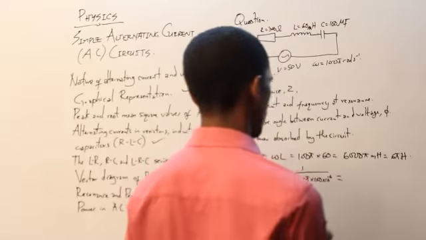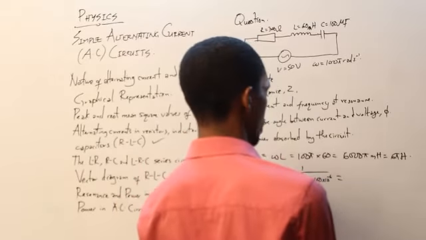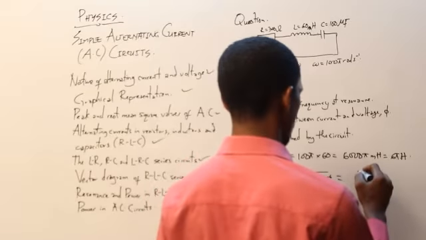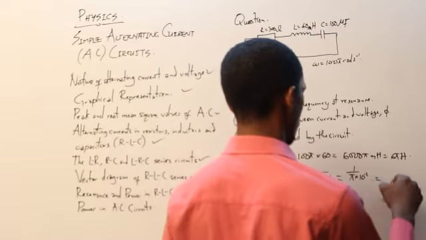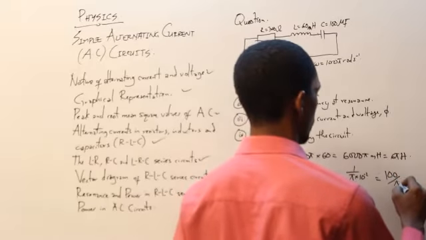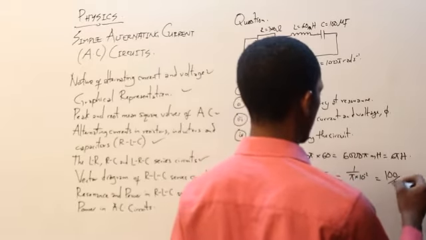We multiply it out: 100 times 100 gives us 10,000, that's minus 4. That leaves us with 1 over pi multiplied by 10 raised to the power minus 2, which gives 100 over pi.